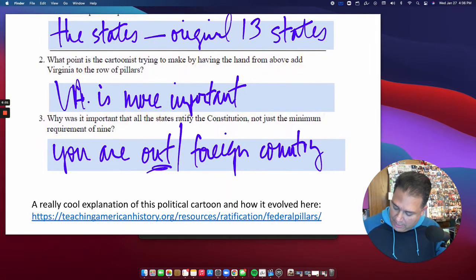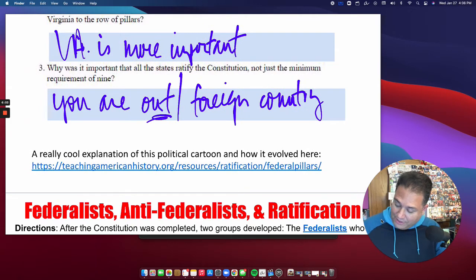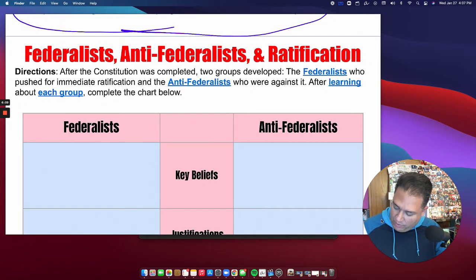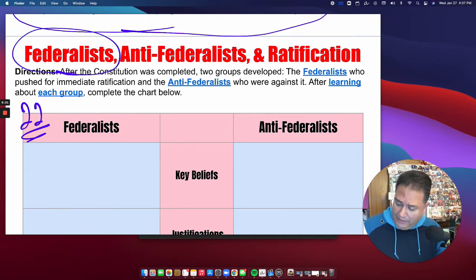Okay. And then if you want to learn more about that and the ratification process, you can click there if you'd like. And then finally, we're on page 22 here. Now I don't consider these two to be the first two political parties. I would consider these to be factions. The Federalists became a political party, and then the Anti-Federalists, they would become, what's the other political party?